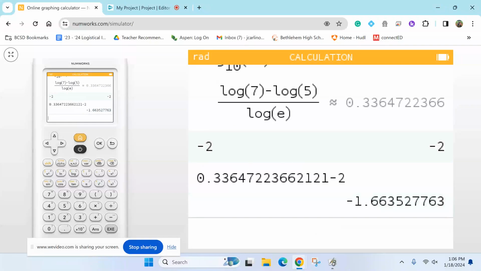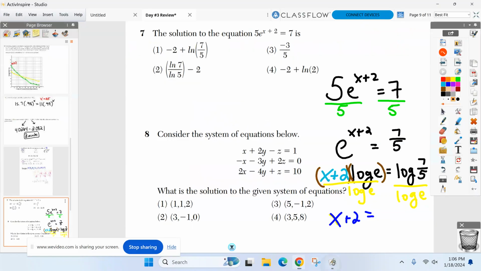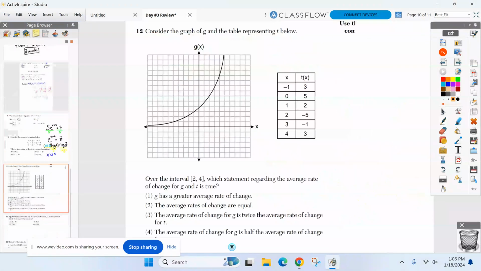We're getting that, -1.66. Okay, everybody good? We're all good here? All right, 12, getting ready for tomorrow.